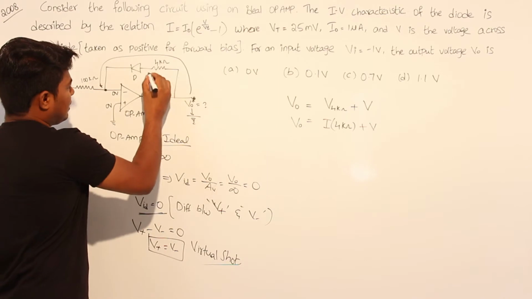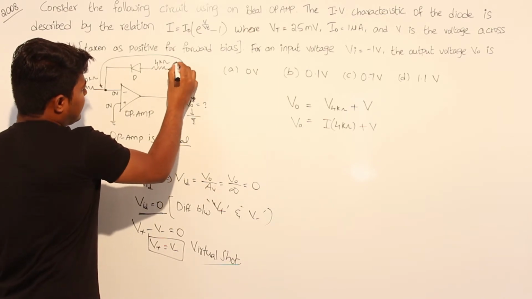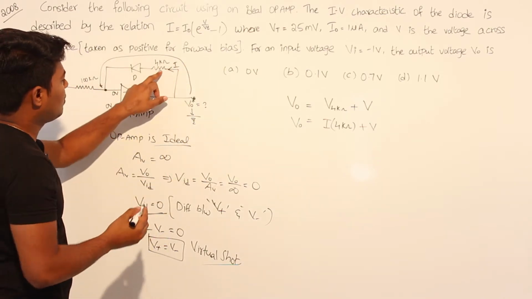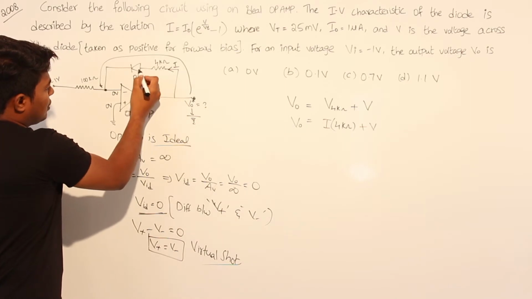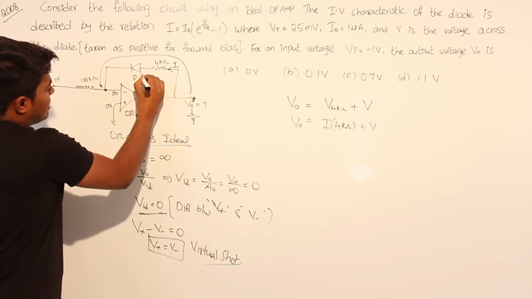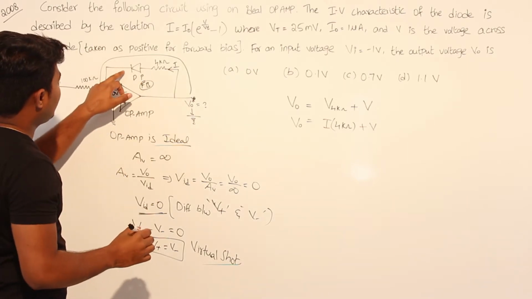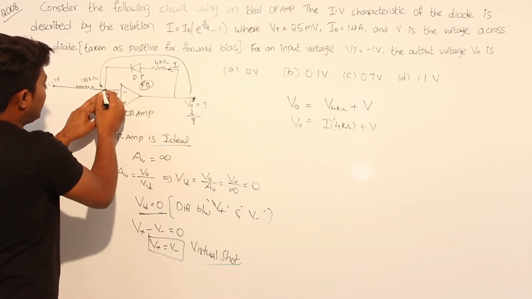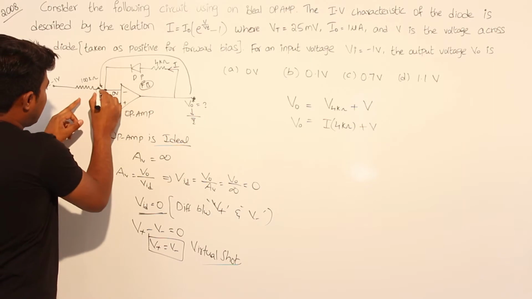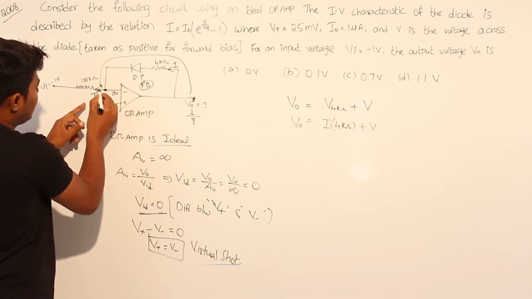Now let us assume that I is the current passing through this 4 kilo ohm resistor, and the same current flows through the P side of the diode, which makes the diode forward biased. It comes to this point, and the entire current I flows through this resistor.